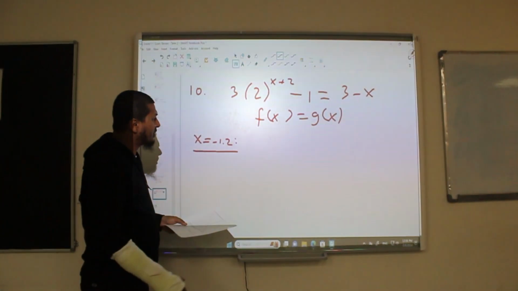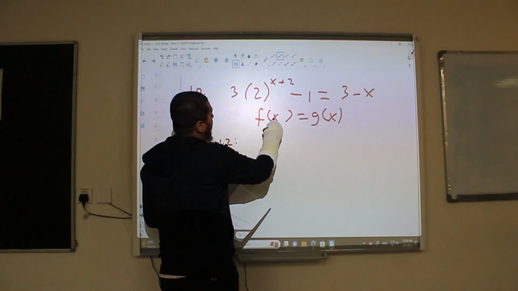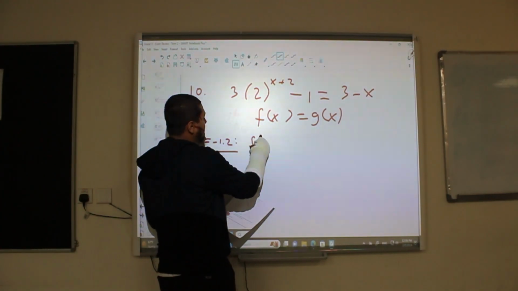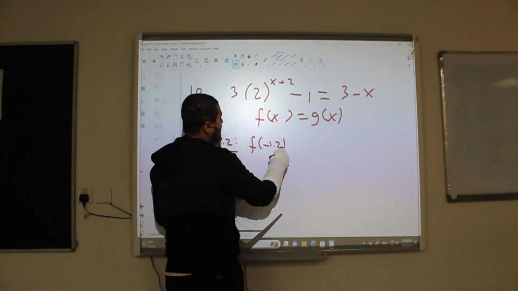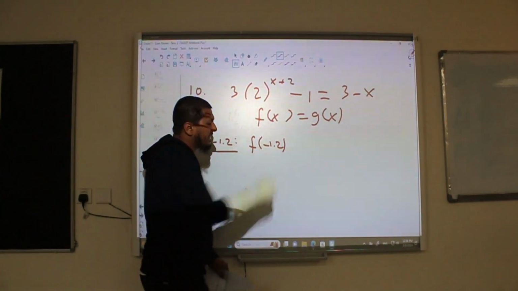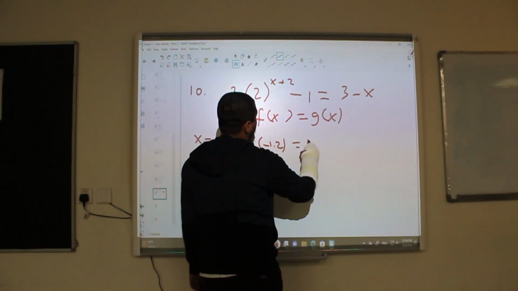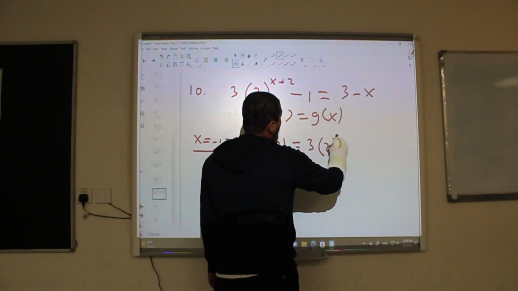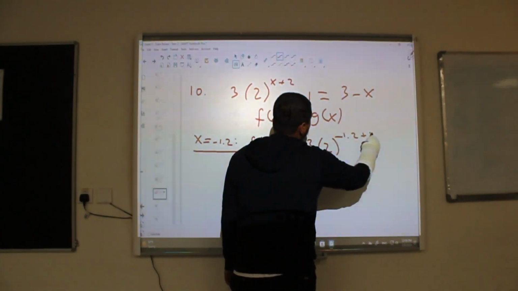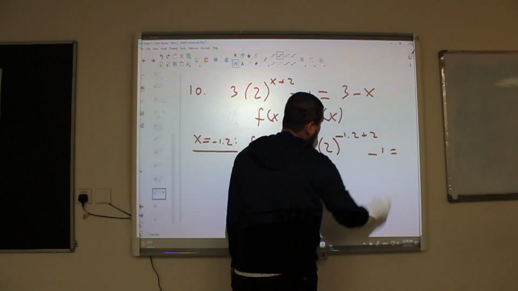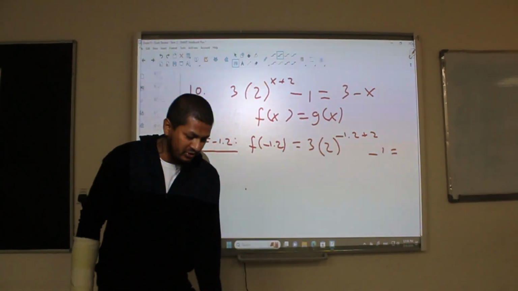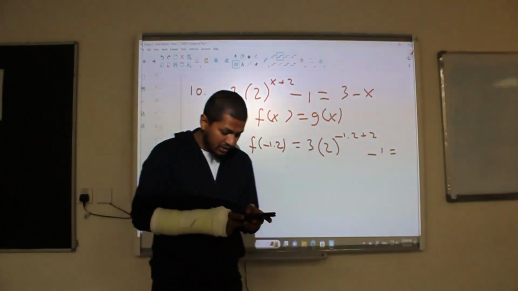At x equals negative 1.2, I want to find the value of f of negative 1.2. In other words, I'm substituting negative 1.2 into the left function. So I'm getting 3 times 2 to the power negative 1.2 plus 2, minus 1. What answer do I get there? So I'm trying to check that answer. Let's see.